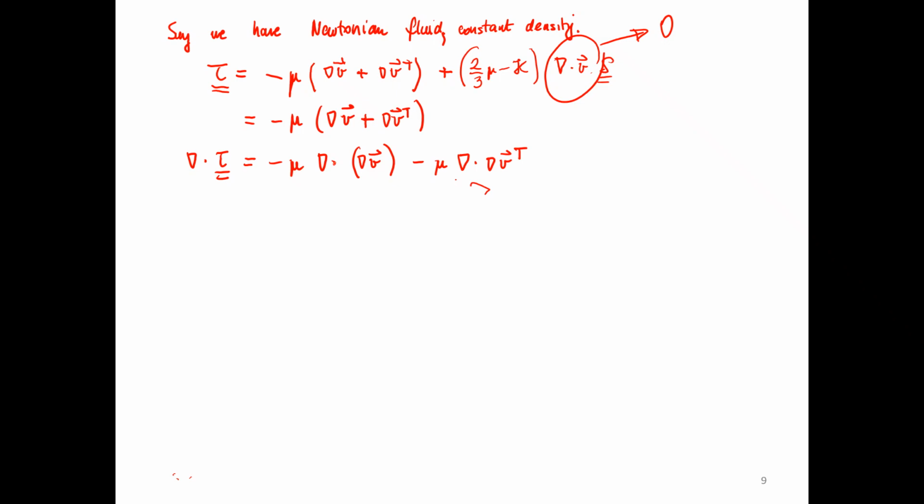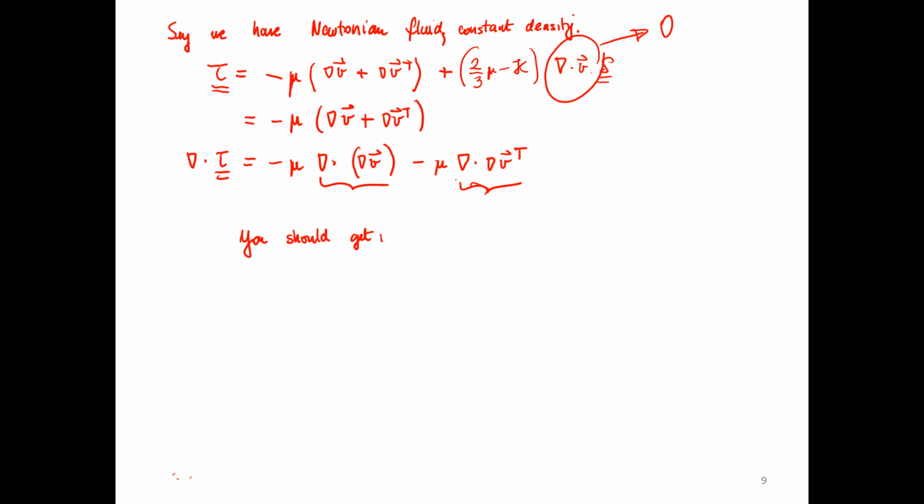Basically, I want you to calculate this and that based on the definition of the divergence. What you should get is that one of them is 0 and the other one is not.